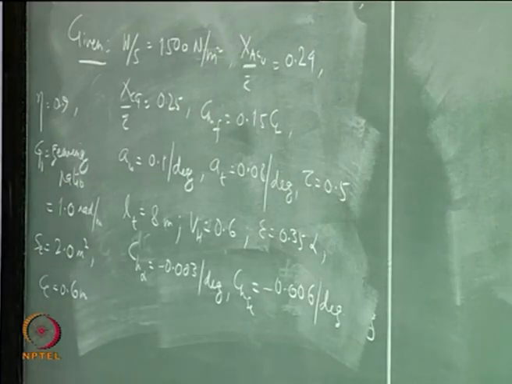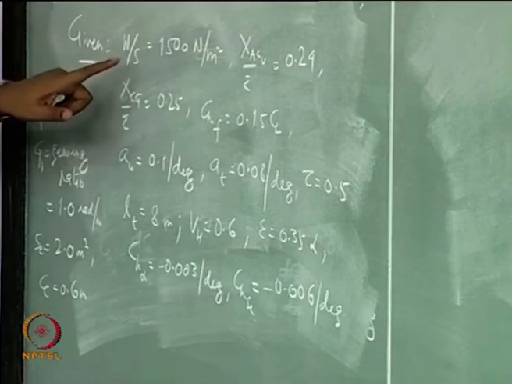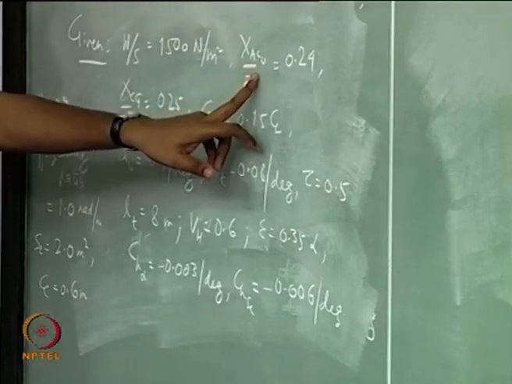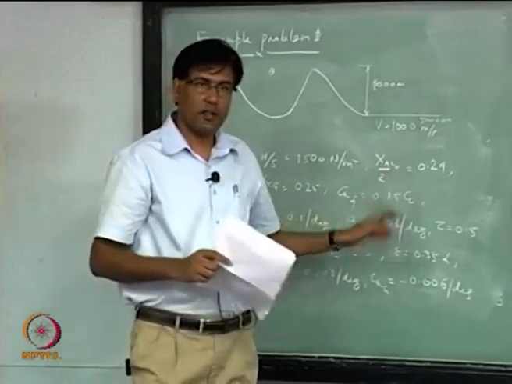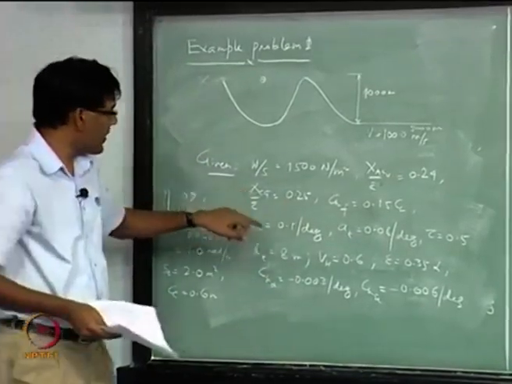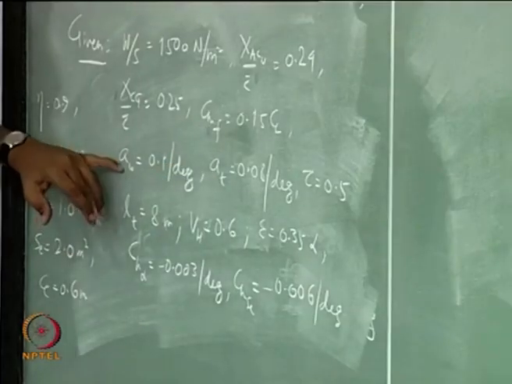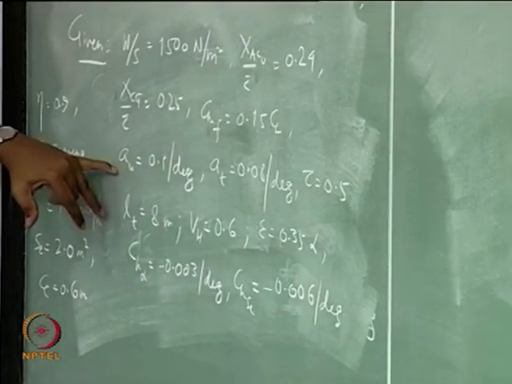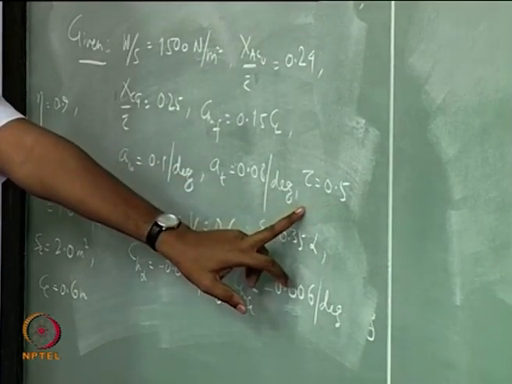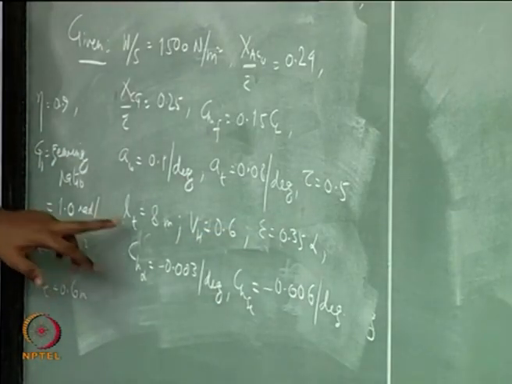Right. Can you read everything? This is wing loading which is 1500 Newton per meter square. Location of the wing aerodynamic center, CG location, pitching moment due to fuselage, lift curve slope of the wing, lift curve slope of the tail, elevator effectiveness parameter. This is the tail arm length, right, which is 8 meter.